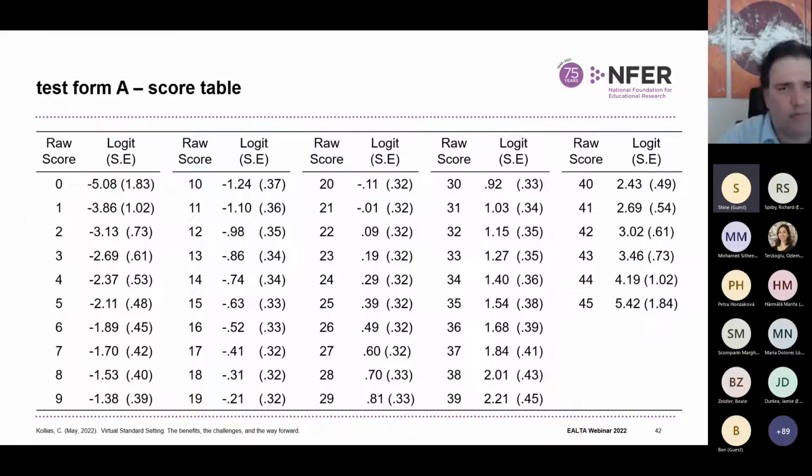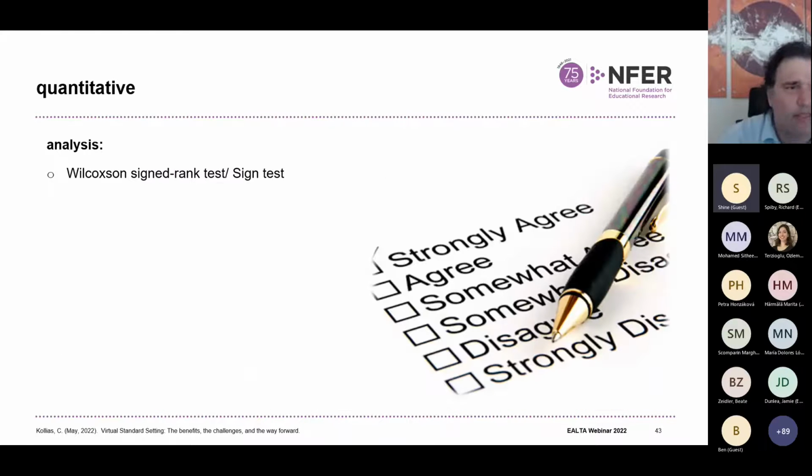Let's confirm. 24.6 somewhere here had a cut score of 0.36. That looks logical. 24.3 had a cut score of 0.33. Group 3 had 26.4 with a cut score of 0.45. And group 4 had 28.1 with a cut score of 0.73. Perfect. I was happy. Everything's on the same scale.